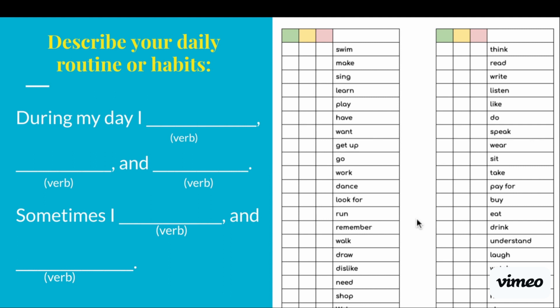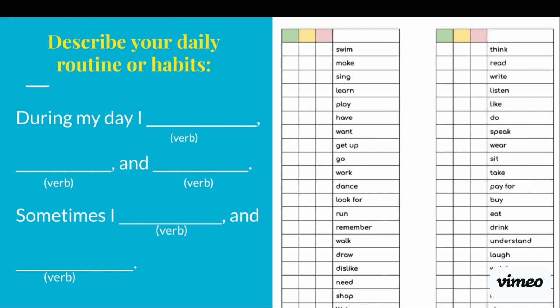So I see here I need 1, 2, 3, 4, 5. Wow, 5 verbs for me to describe my day. So I'm going to model this for you, but you should copy this into your notebook so that you're ready to speak it out loud when it's your turn.